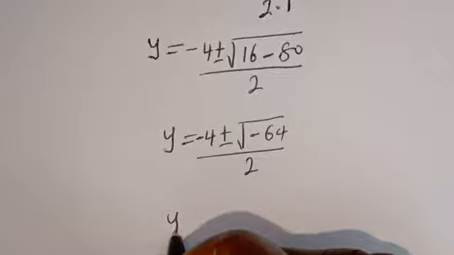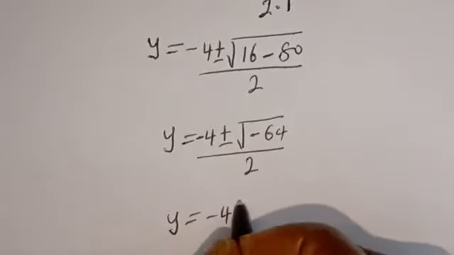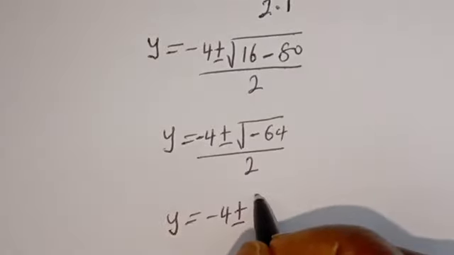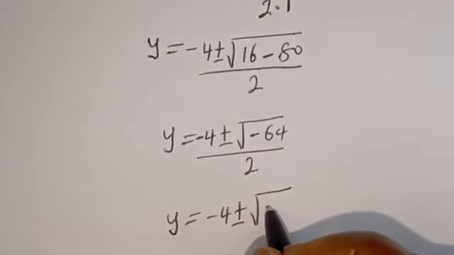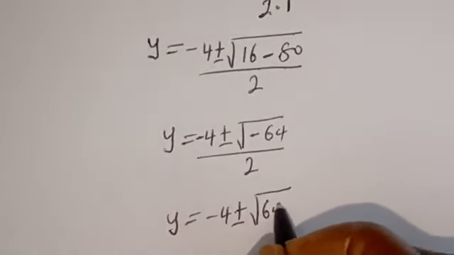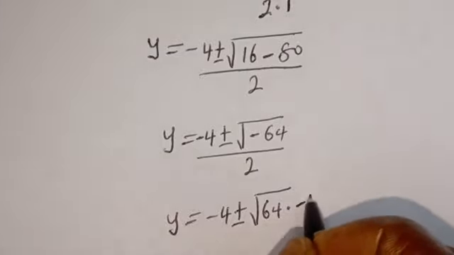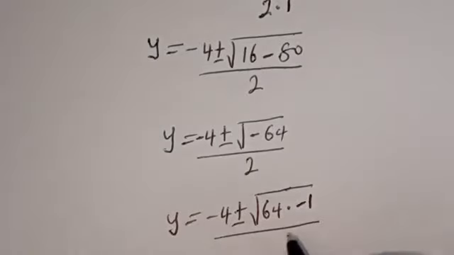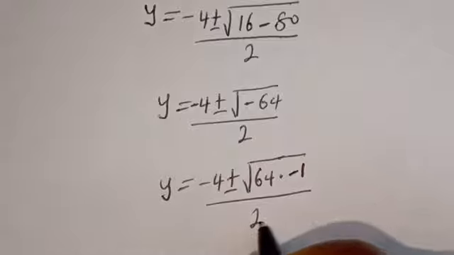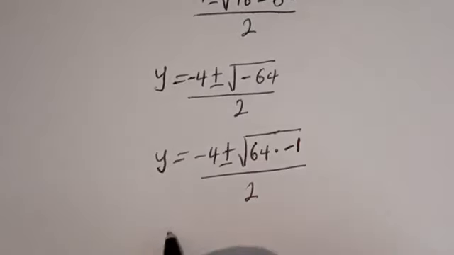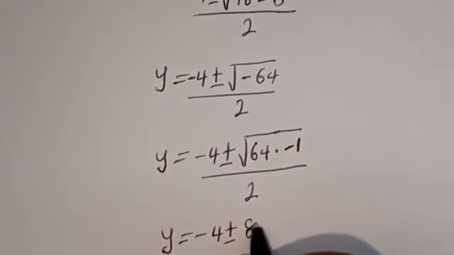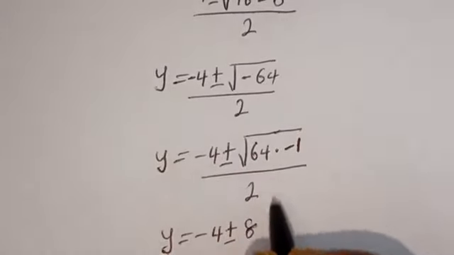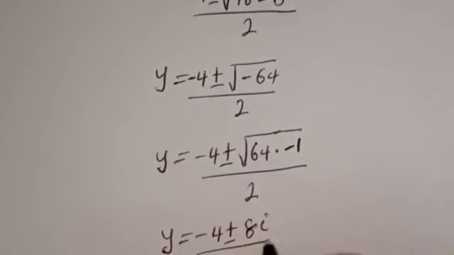Then y is equal to minus 4 plus or minus square root of minus 64 can be written as 64 multiplied by minus 1, divided by 2. Now y is equal to minus 4 plus or minus square root of 64, that is 8, times square root of minus 1, that is i, divided by 2.